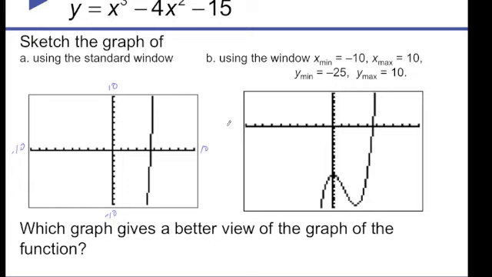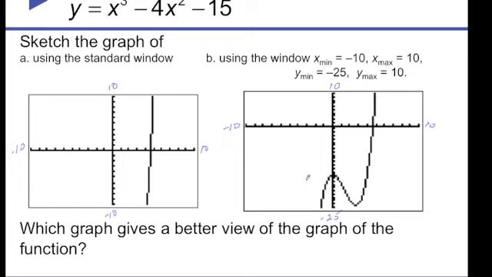This one, x-axis was -10 to 10, and this was -25 on the y-axis to 10. Sometimes I will ask you to prove that you did it, to draw a sketch of your graph. I would like you to show me where your axes are, number what your window was, and then make a sketch of it. So here's our two windows, the standard window, and changing the y values to -25 to 10.